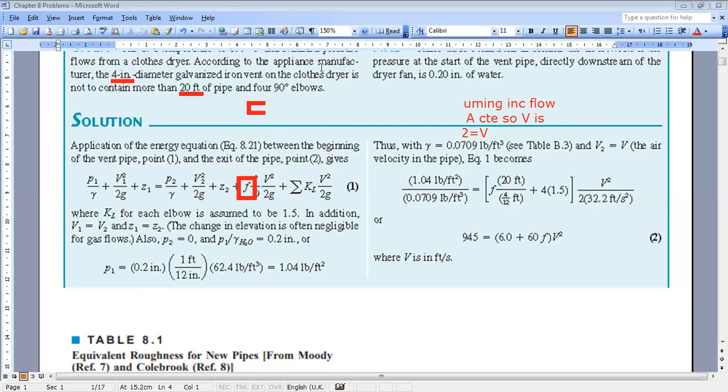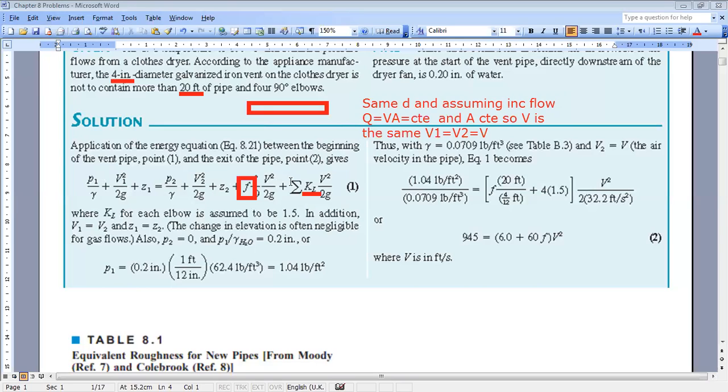In general, what is V1 and V2? Okay, in general, V1 is the inlet velocity, V2 is the exit velocity, and this V is the average velocity through my system. But here V1 is equal to V2, so V average is equal to V1 and V2.